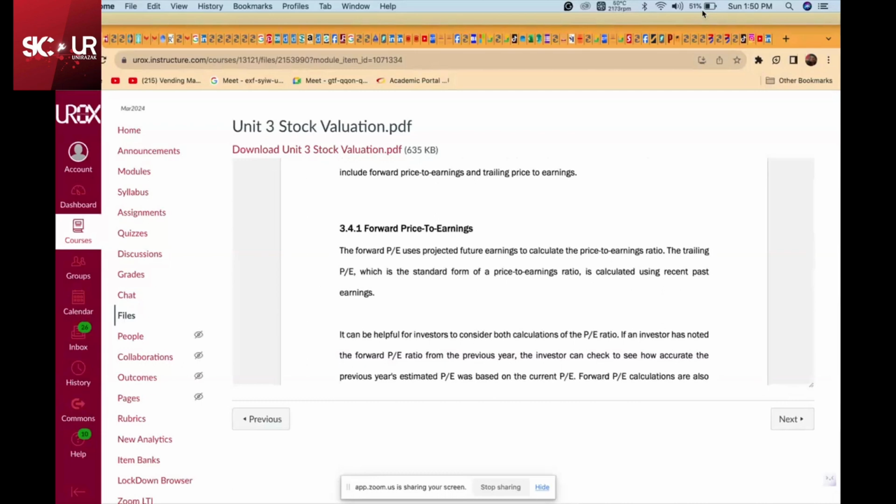It can be helpful for investors to consider both calculations of the price earning ratio. If an investor has noted the forward price earning ratio from the previous year, then the investor can check how accurate the previous year's estimate was based on the current price earning.